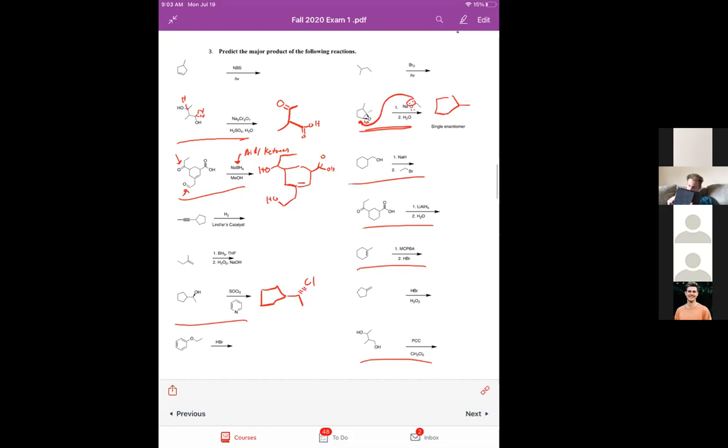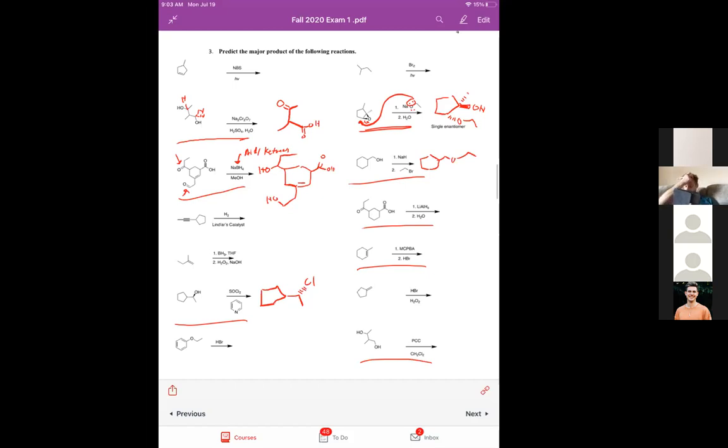We're going to retain our stereochemistry on the center we didn't attack. And you get the opposite stereochemistry on the one we did, forming an ether on this next one.